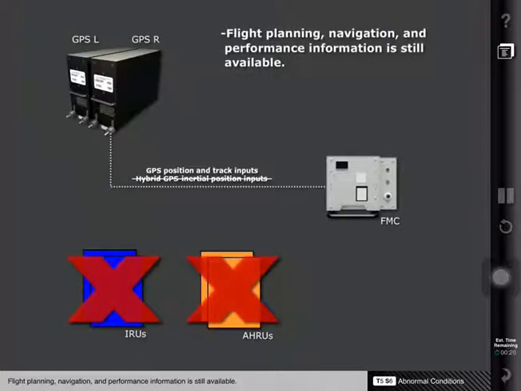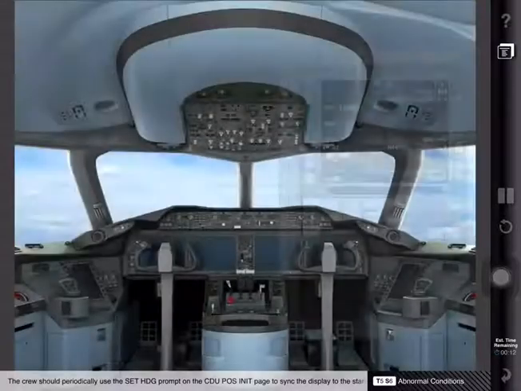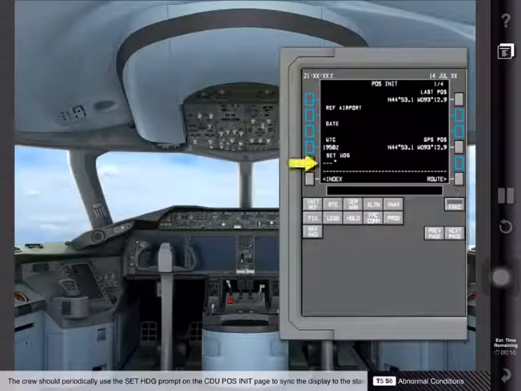Flight planning, navigation, and performance information is still available. Coupled LNAV and VNAV operations, however, are not available with the IRS inoperative. The crew should periodically use the Set Heading prompt on the CDU POSINIT page to sync the display to the standby compass magnetic heading.